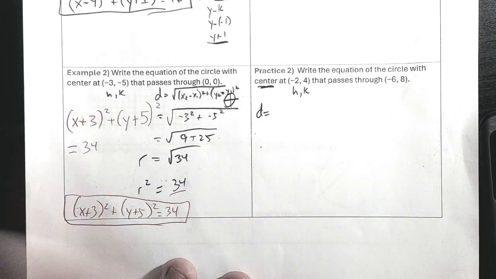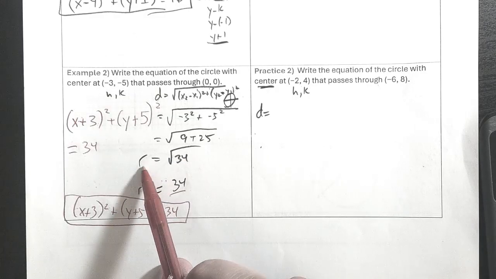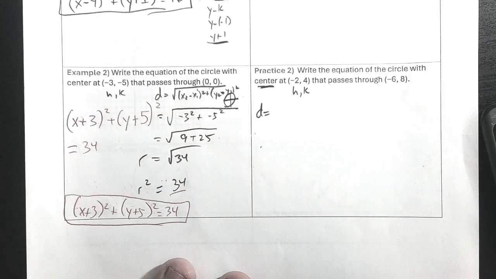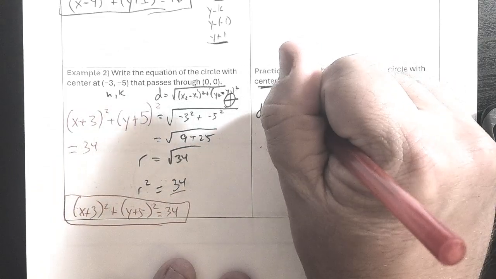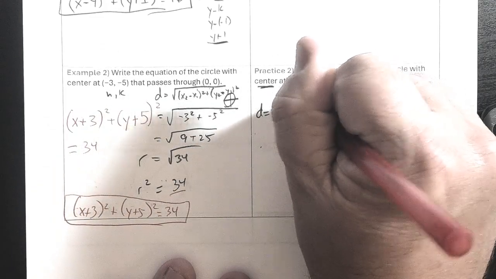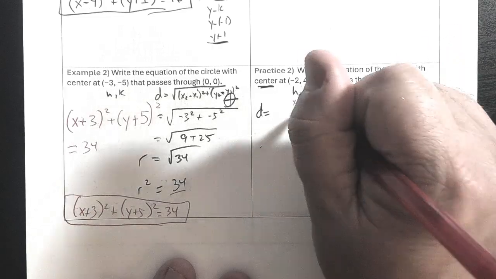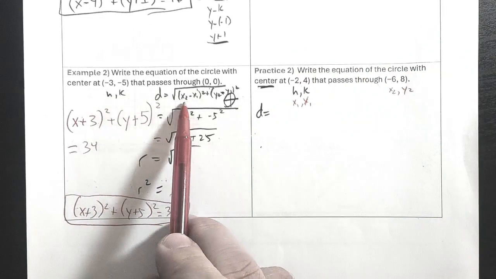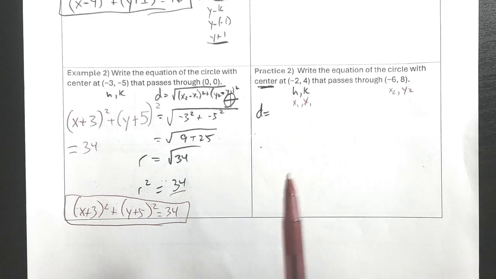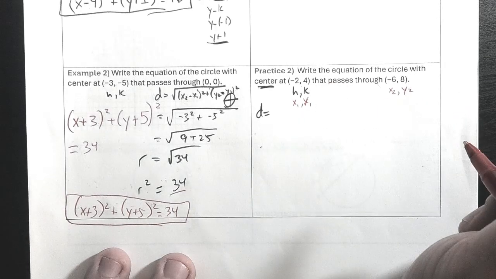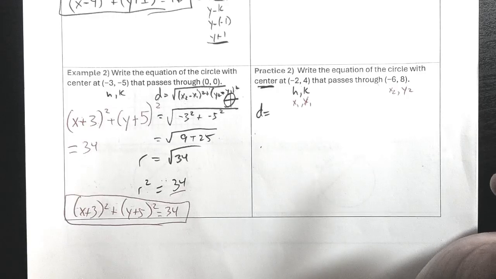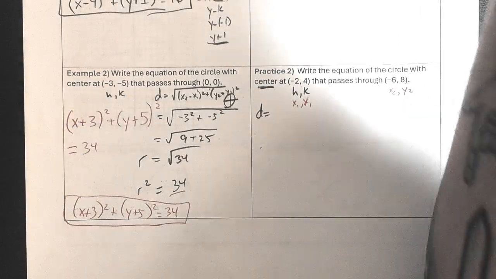And if it ends up being a square root like this, then the radius squared is the number inside the box. Make these your x1, y1, and over here is your x2, y2. Here's the formula you use. So you get the distance, you got your h and k. You should be able to get that one.